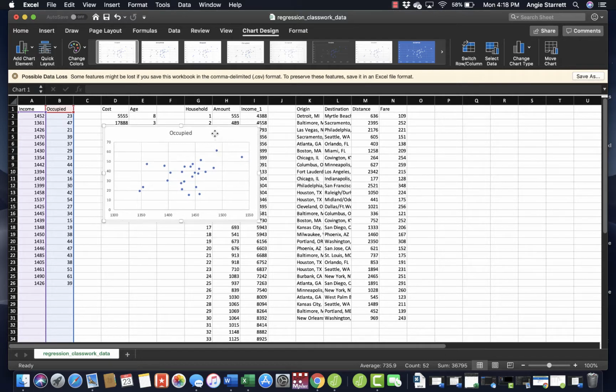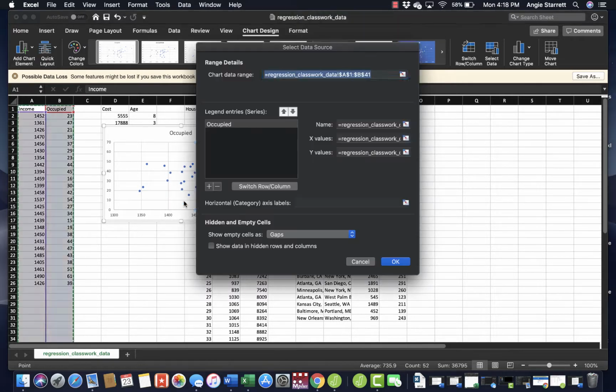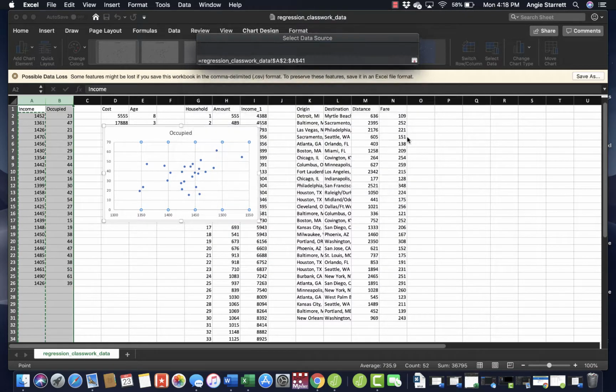All right, and so here, income is on the x-axis and occupied is on the y-axis. Now, ideally, we actually are going to use occupied to predict income. And so if we right-click on this and go into Select Data, we can switch, let's see, how do we... Well, we may just have to do it this way.